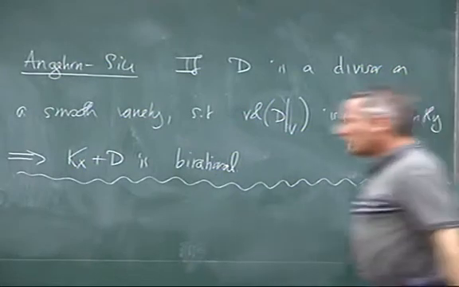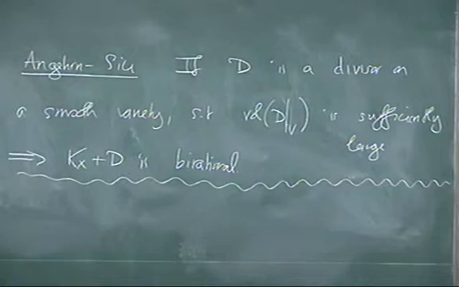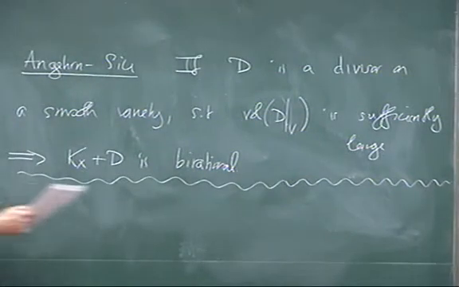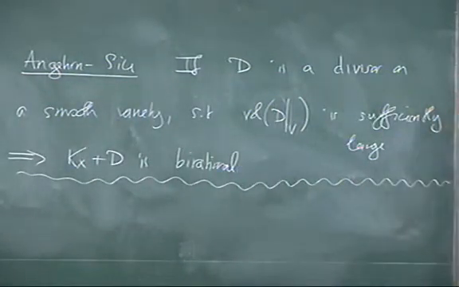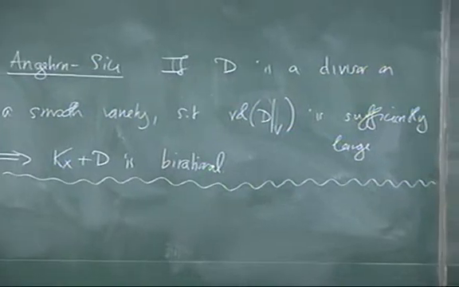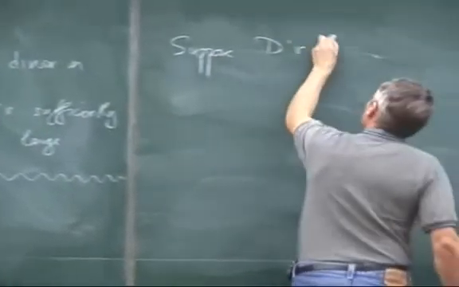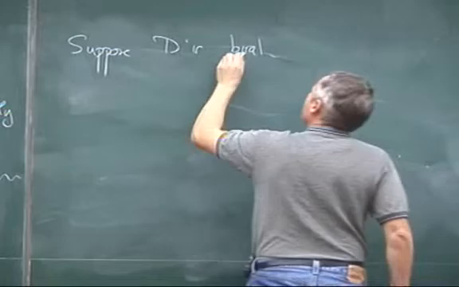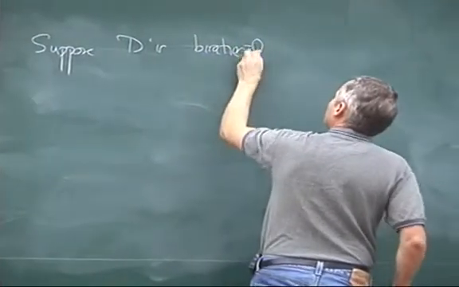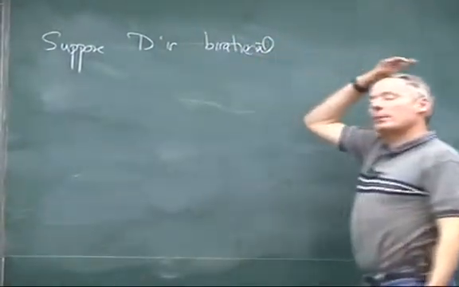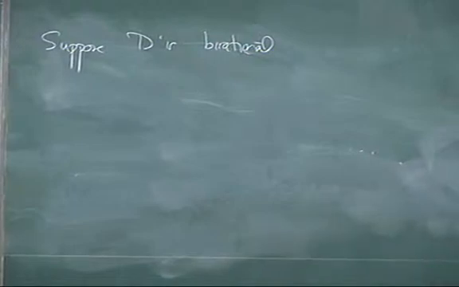Okay, so let me make just one sneaky observation. So suppose D gives you a birational map. So D birational is a slightly sloppy way of saying things, but I just want to say that the linear system given by D is birational.